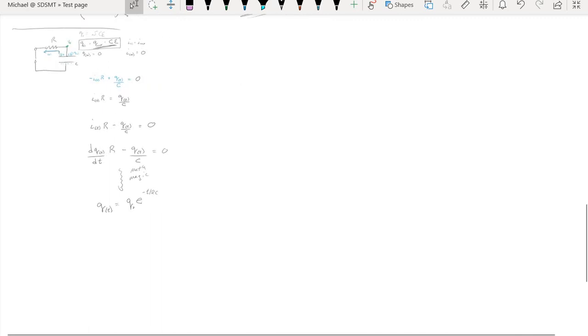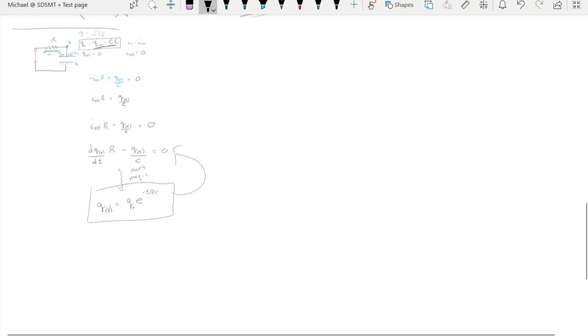Now, again, if you're not quite sure, is this a solution to that equation? Well, plug it in. Plug in the function for Q, divide it by C. Then take the derivative of that function, multiply it by R, add it up, make sure you're getting 0, and you will.